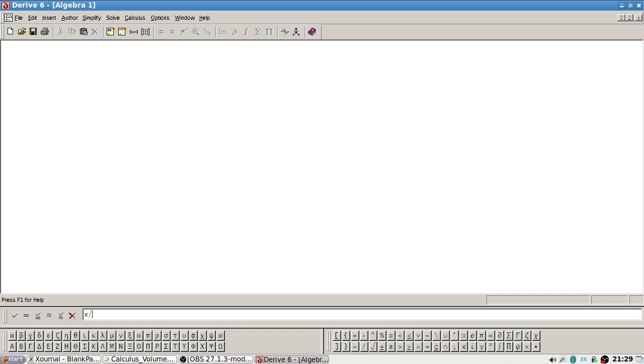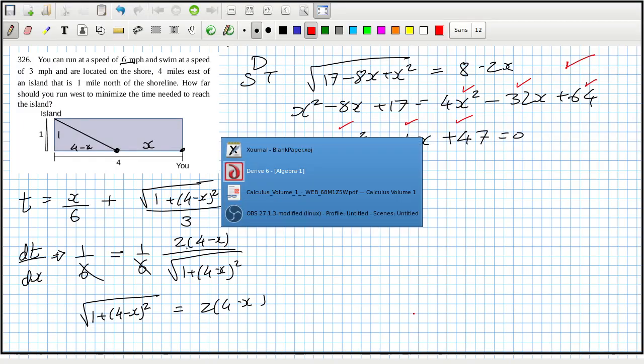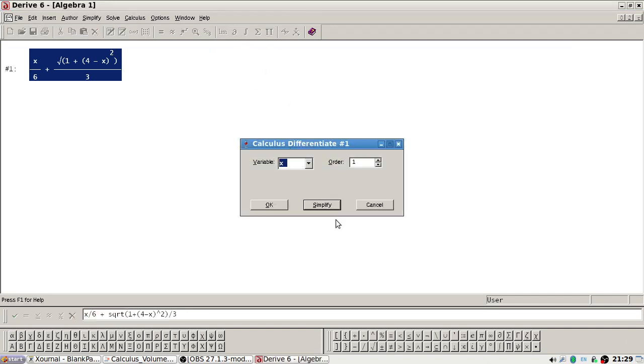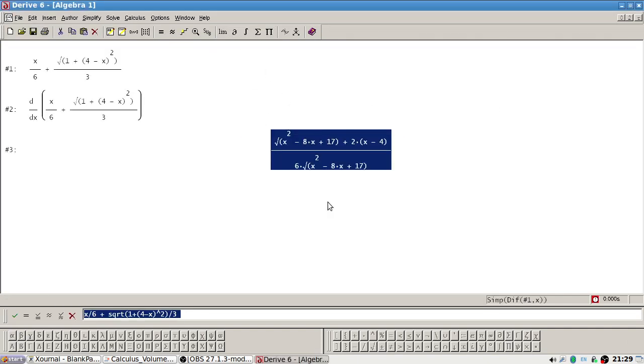So that's x over 6 plus square root of 1 plus (4 minus x) squared over 3. Differentiate. Solve expression.